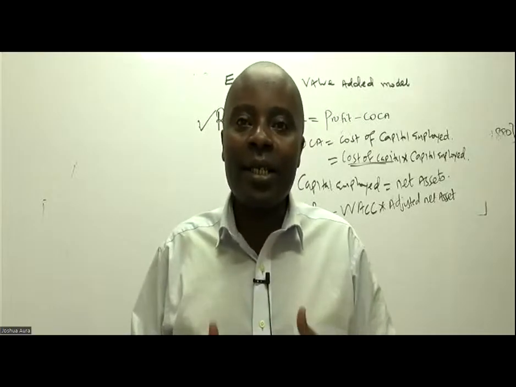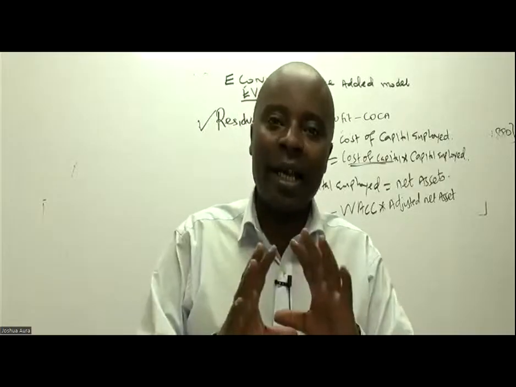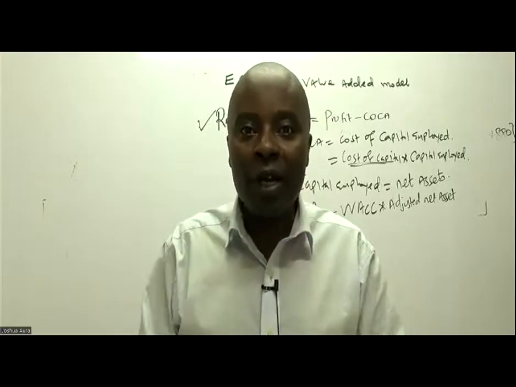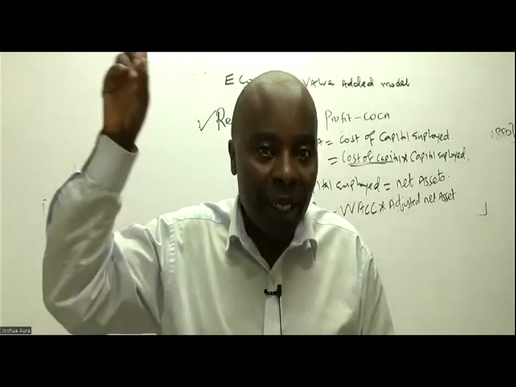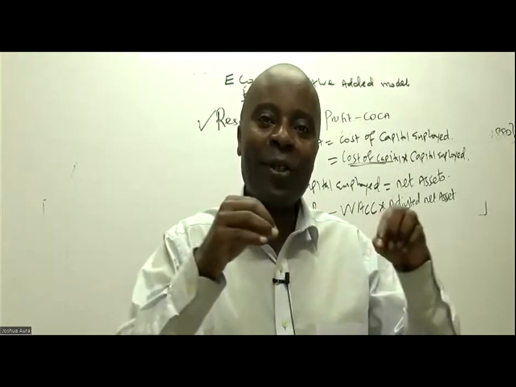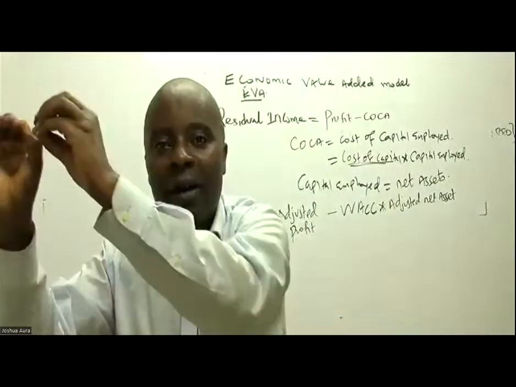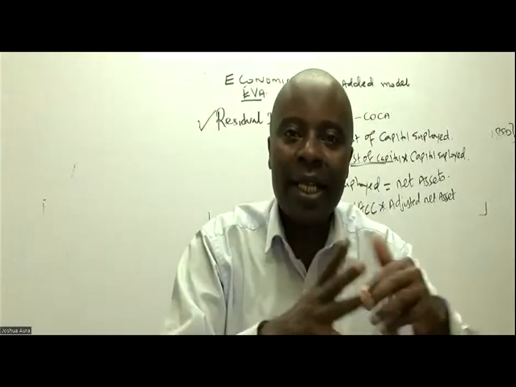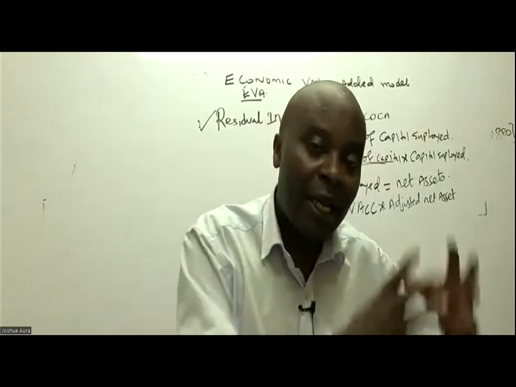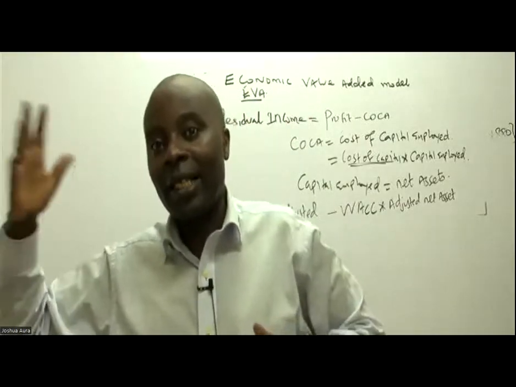An asset, ladies and gentlemen, could be a tool, it could be a machine, whatever, which has future economic benefits. So these expenses that you're incurring today, that will be giving you benefits in the long term, should never be expensed. When you expense them, you are putting them in the income statement. Remove them from the income statement and take them to the balance sheet as an intangible asset.